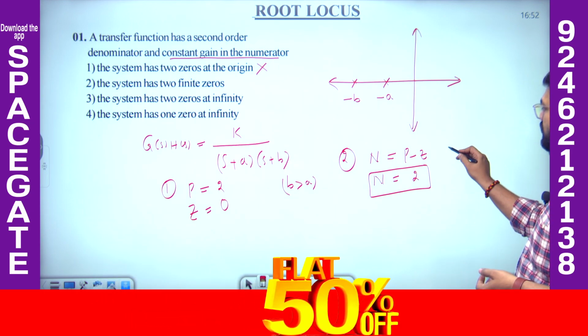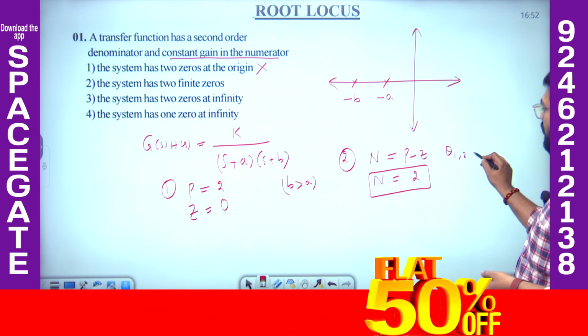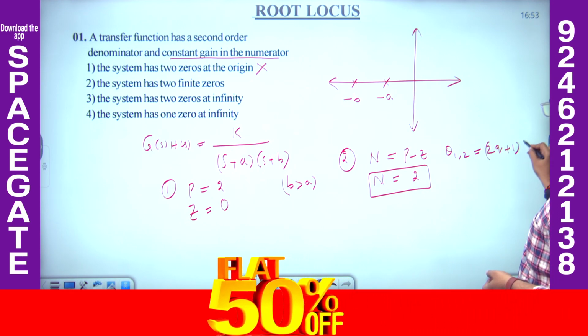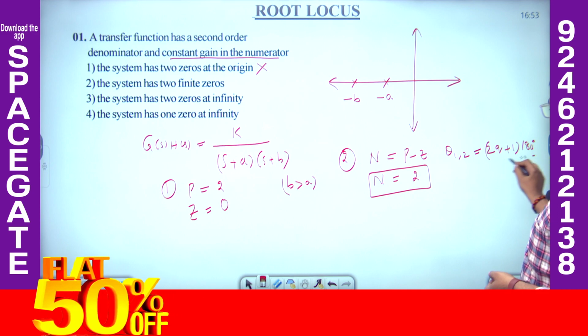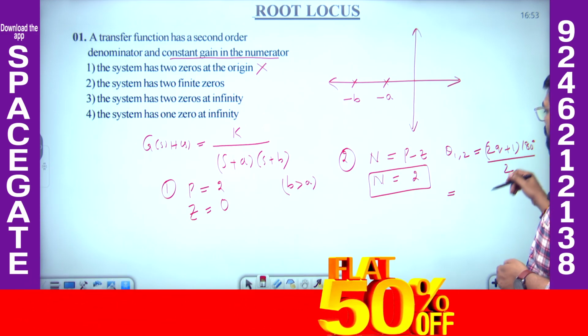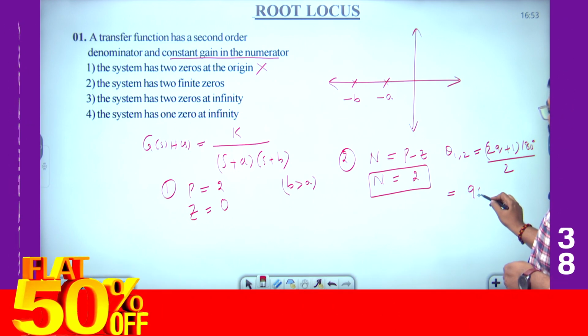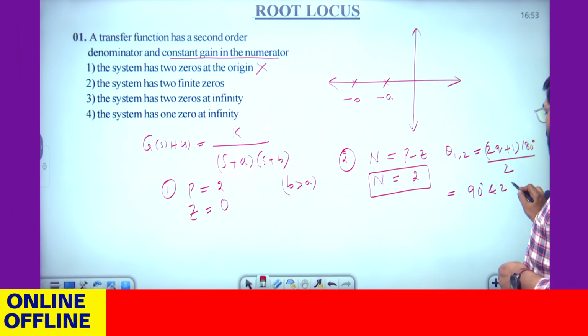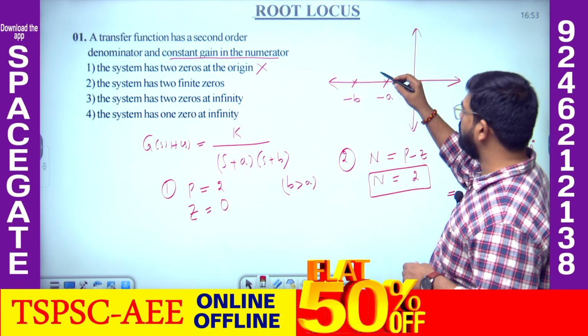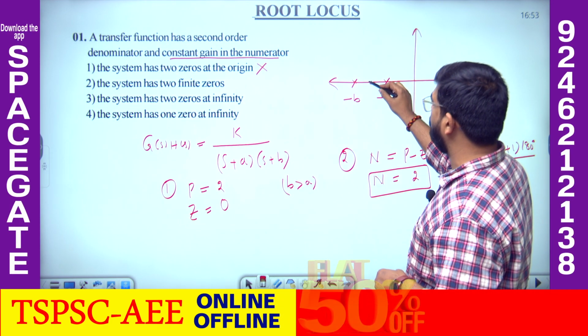Then what will be the angles of asymptotes? Two angles we will get from (2q plus 1) into 180 by 2, where q is equal to 0, 1. If you substitute q equal to 0 and 1, we get 90 and 270 degrees. In between these two there will be a breakaway point.